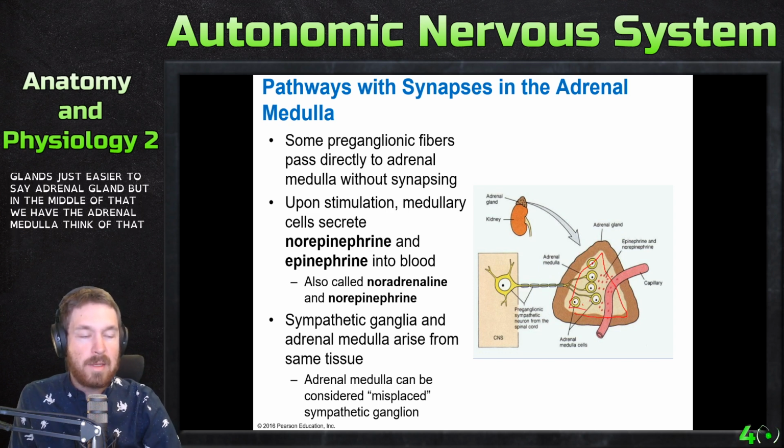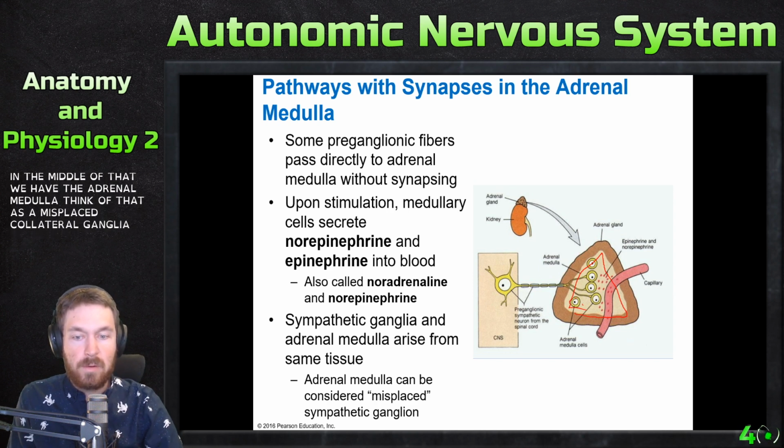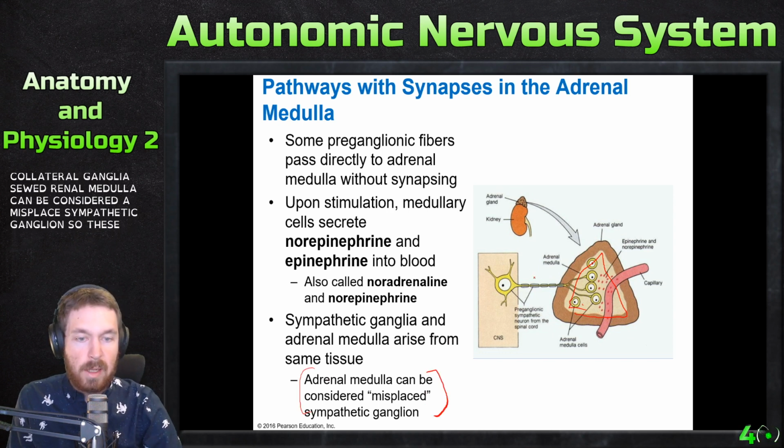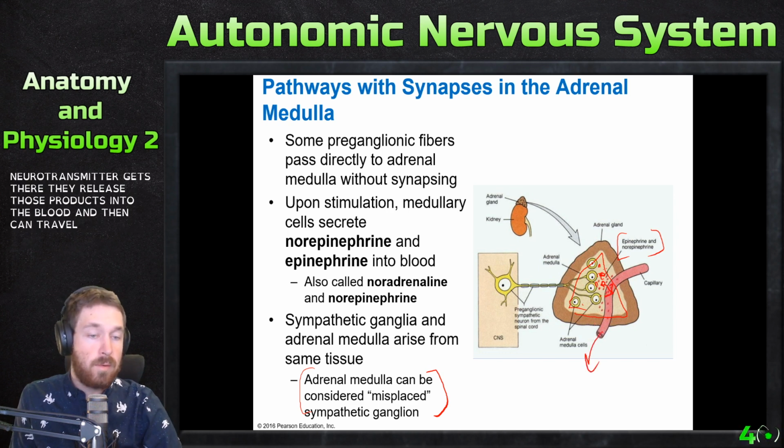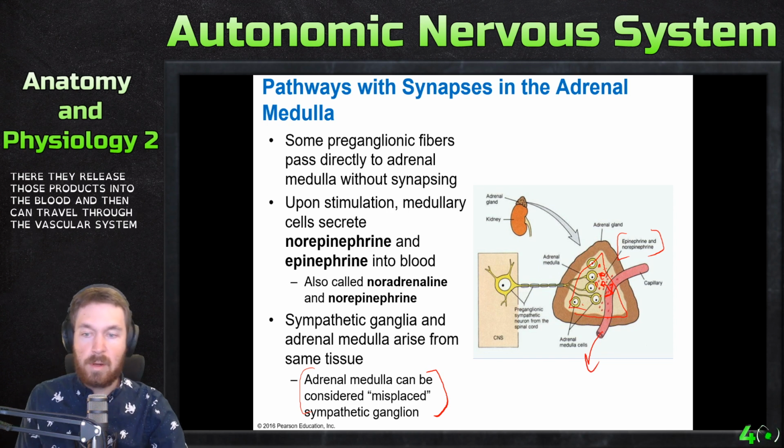Think of that as a misplaced collateral ganglia. So the adrenal medulla can be considered a misplaced sympathetic ganglion. These preganglionic fibers release neurotransmitter here. There are then cells sitting in here holding epinephrine and norepinephrine. When this neurotransmitter gets there, they release those products into the blood and then can travel through the vascular system to have their effect.